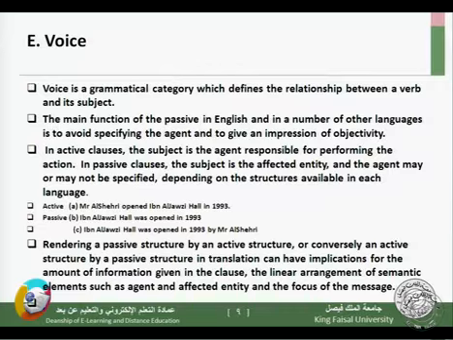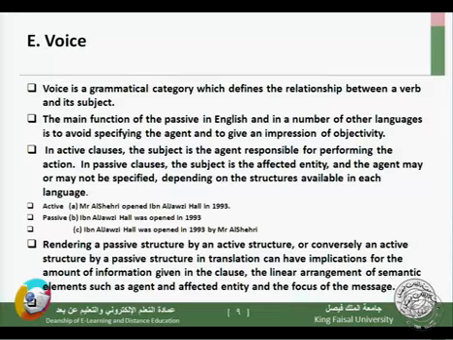Now, this is the most difficult aspect of grammatical problems in translation, and to be honest, in learning English as a foreign language, especially for Arabic-speaking students. Now, voice, what do we mean by voice? Voice is a grammatical category which defines the relationship between a verb and its subject. The relationship between verb and subject, subject-verb.